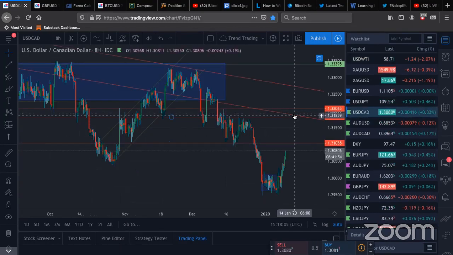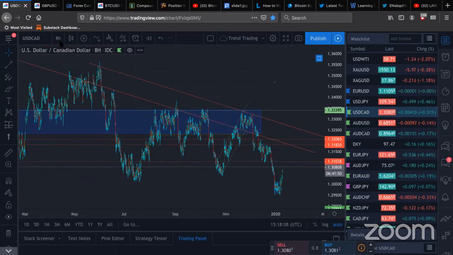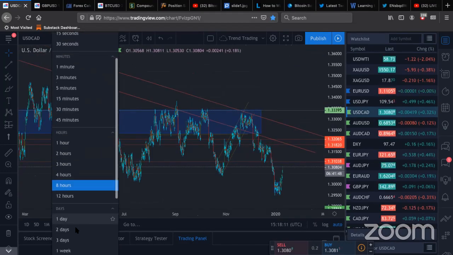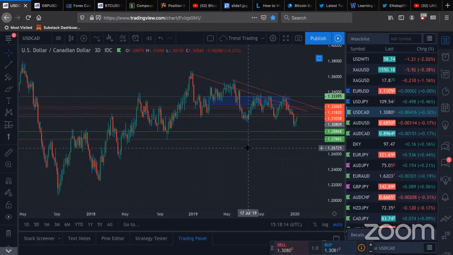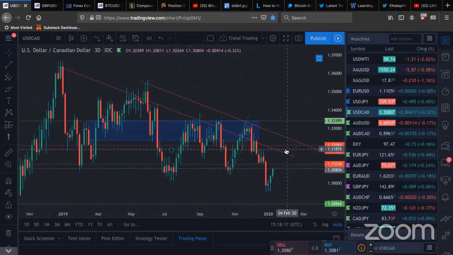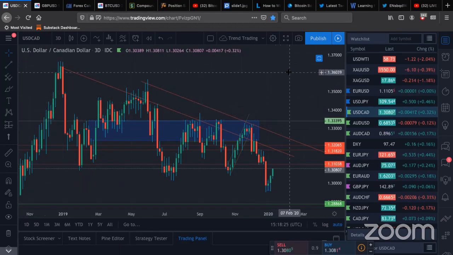Maybe that means that we've broken back above here. Let me give you a step back perspective. That would mean that we're breaking this strong resistance over here, and then that might start a really weak Canadian dollar. Those things could happen.